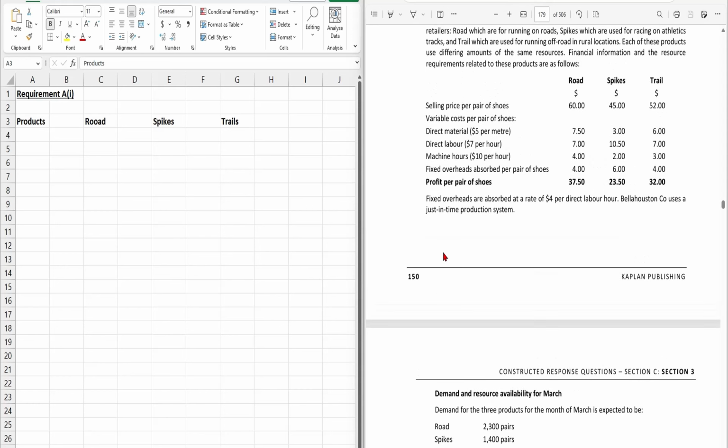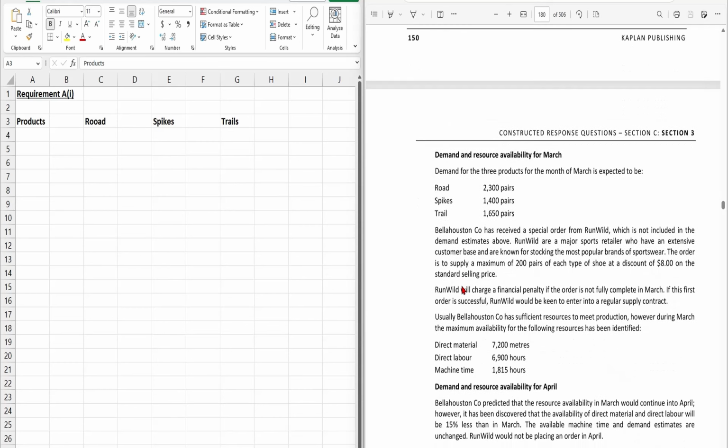First, we need to identify the constraint here, what is stopping us from fulfilling the demand of the internal as well as the external party. Selling price is given. So what is the direct material? In the question below, you can see there are maximum available hours given, and this is for the direct material. Let me note it down here.